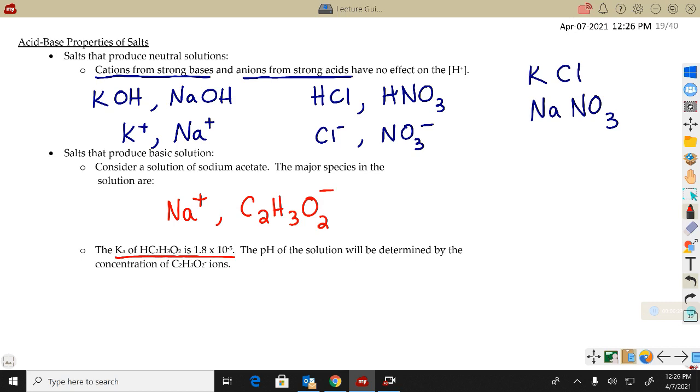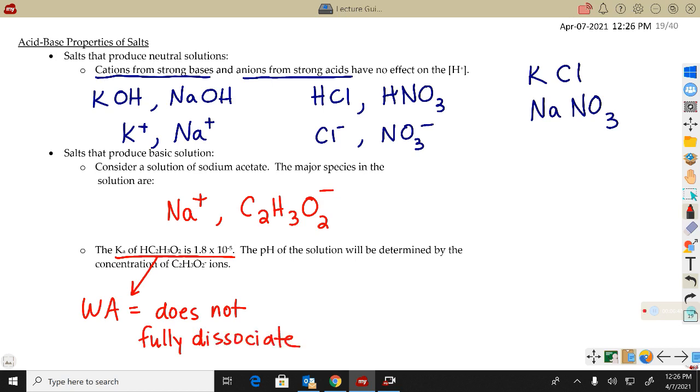So if I wasn't sure, that's hinting at the fact that acetate can react with hydrogen and form a weak acid. And if I know that this is a weak acid, it does not fully dissociate.